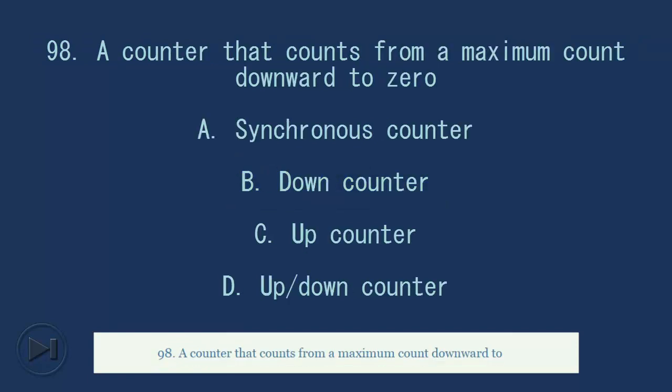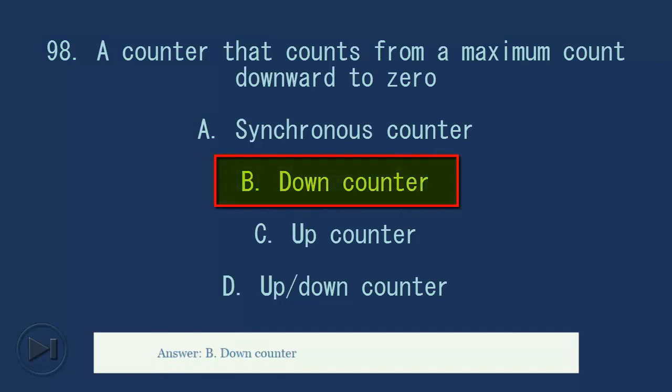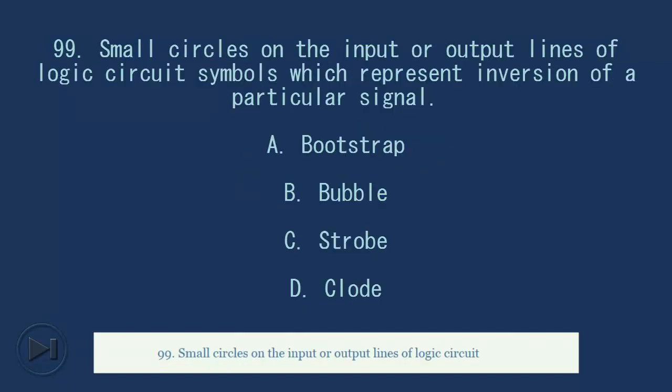98. A counter that counts from a maximum count downward to 0. A. Synchronous counter. B. Down counter. C. Up counter. D. Up/down counter. Answer, B. Down counter. 99.